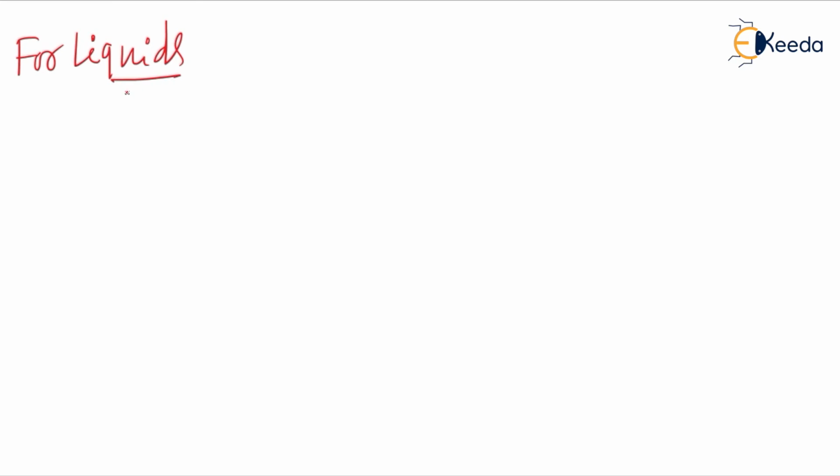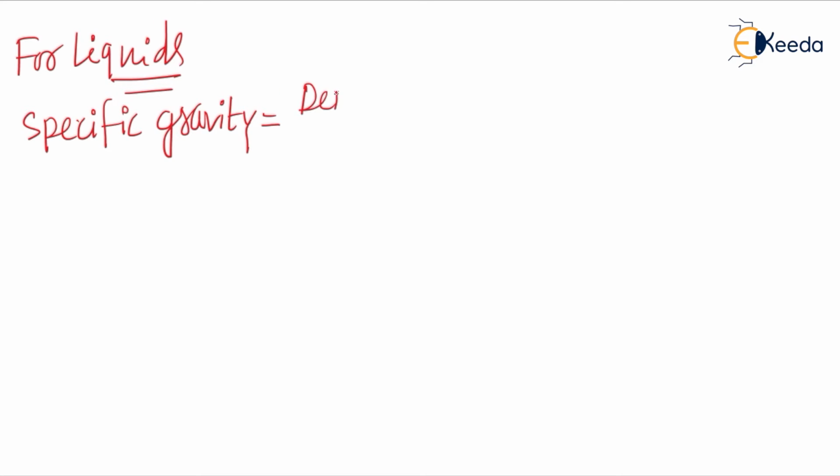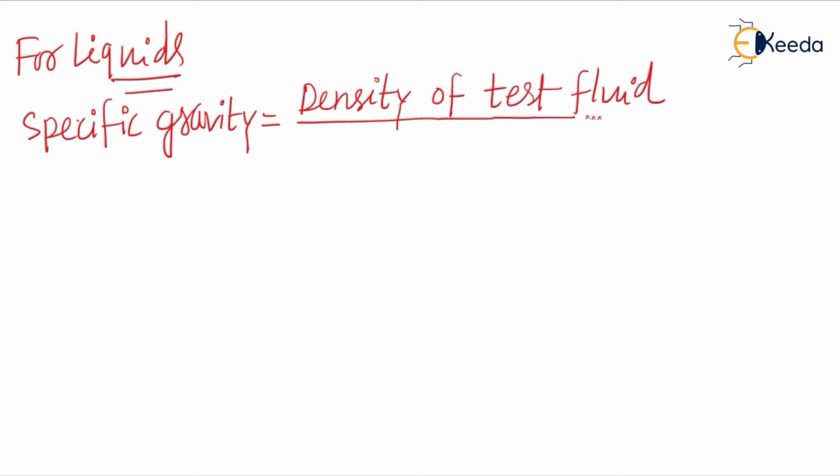So if we talk about liquids, then we can write that specific gravity can be given as the density of the test fluid, for which we want to determine the specific gravity, over the density of the reference fluid.